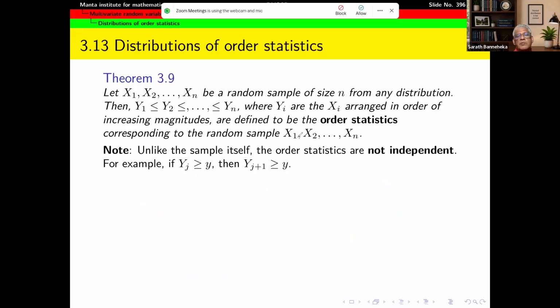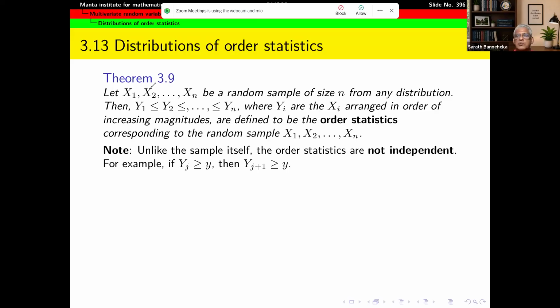Corresponding to the random sample x1 up to xn. So this is what I mentioned. Unlike the sample itself, the order statistics are not independent and they are also not identically distributed. So now I'd like to show you a Shiny app to show these different distributions, right?